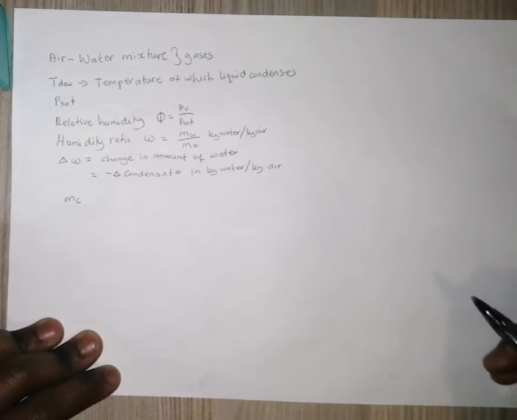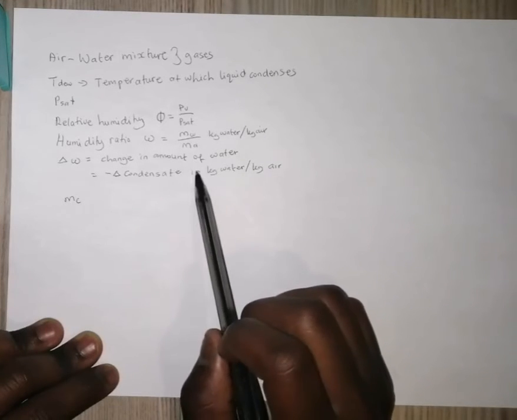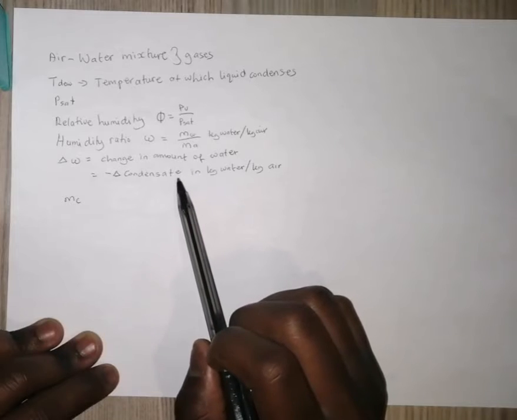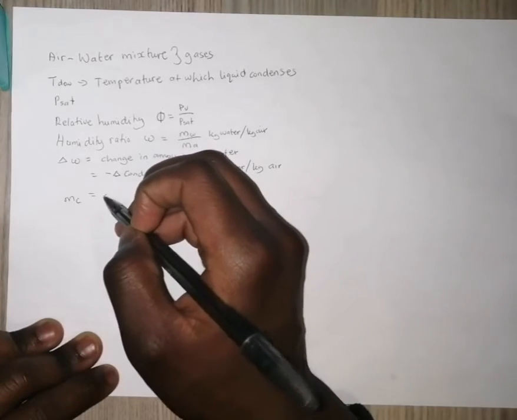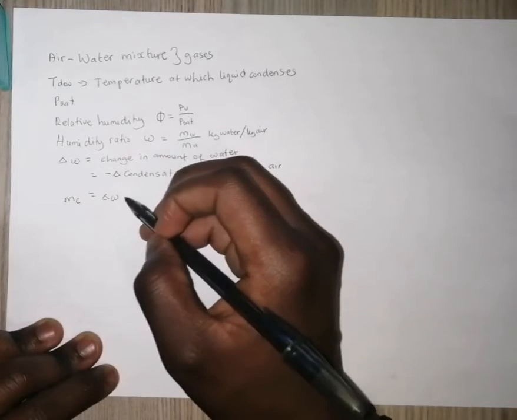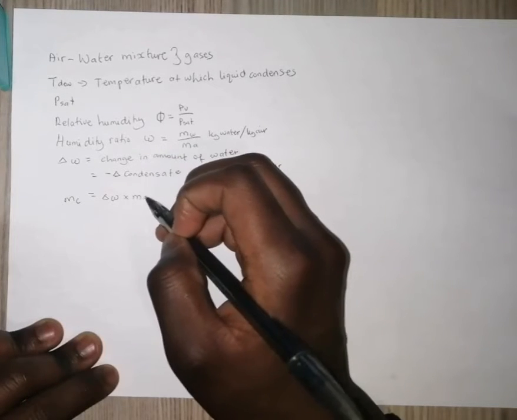a mixture of air and water vapor, then the temperature changes or the pressure changes, then we have a change in amount of water. If we want to find that change in the amount of water, all we do is we get this change in humidity ratio and multiply it by the mass of the air.